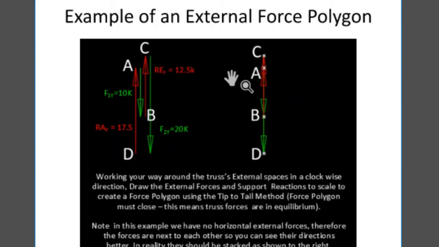So once again, our force polygon in this case, because we have no horizontal translation, should look as if it were one vertical line. We can then add points and the point labels to specify where our forces begin or end.